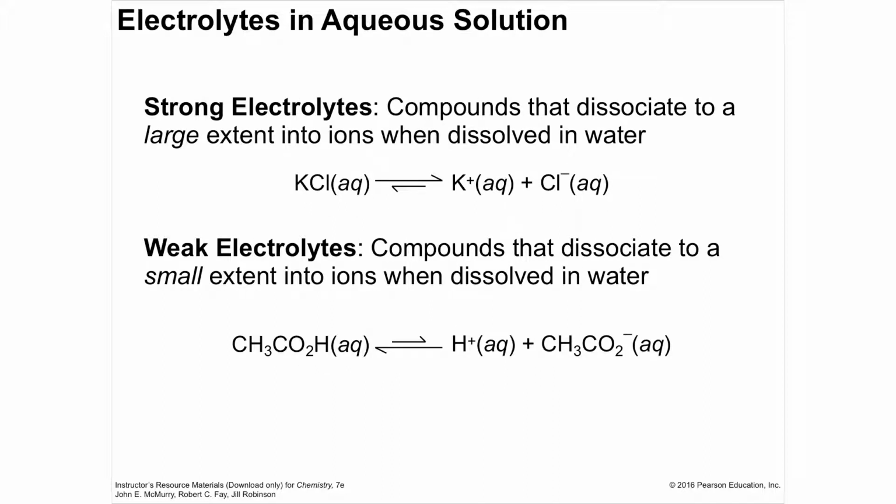Strong electrolytes completely dissociate. They completely break apart into their ions. Weak electrolytes, this is the acetic acid again, will have some of these, but a lot of this left over. So it's going to break down only partially, just a little bit.